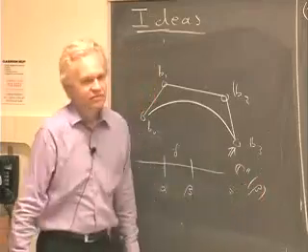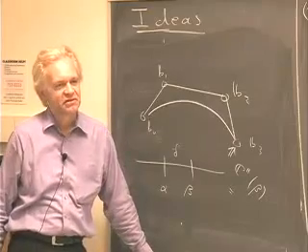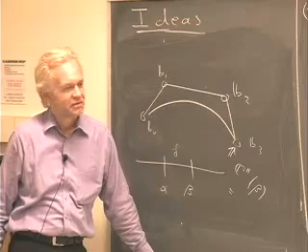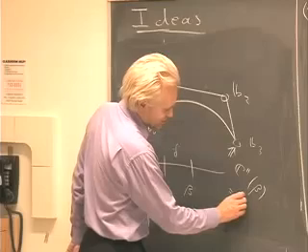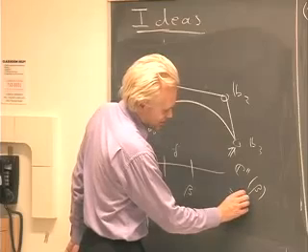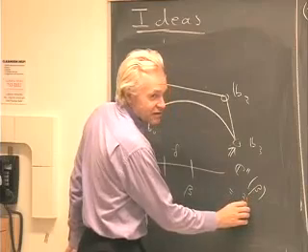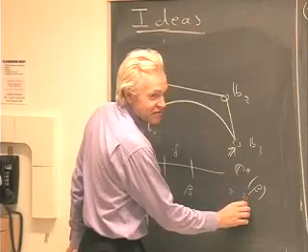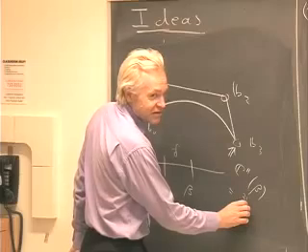Remember what that was? That had to do with something like 3 factorial over n minus r factorial.